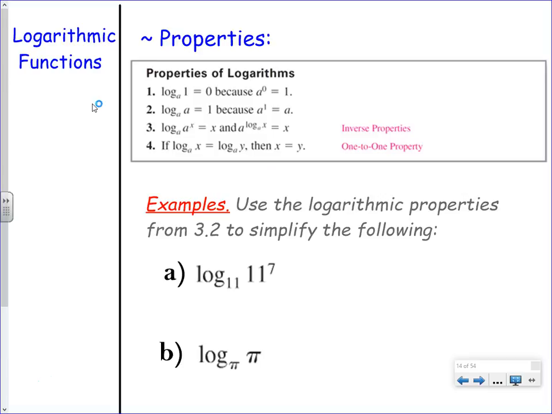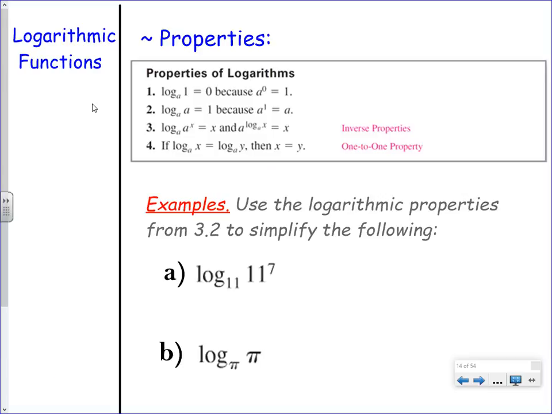Probably a lot of you could figure out the one-to-one property just from what we saw yesterday with exponentials. But I'm guessing most of us are like, yeah, I don't know these. Maybe I've seen them before, but logarithms, you just go back to the whole, I never liked them. I never could get them. Or I memorized them real quick and did okay on the test, and now I can't remember anything.